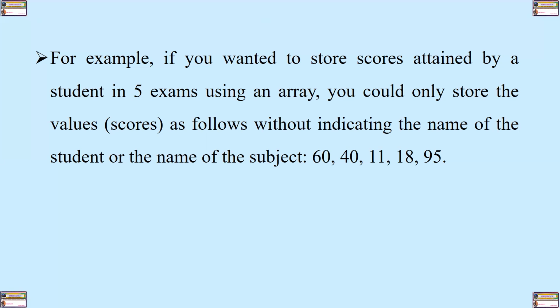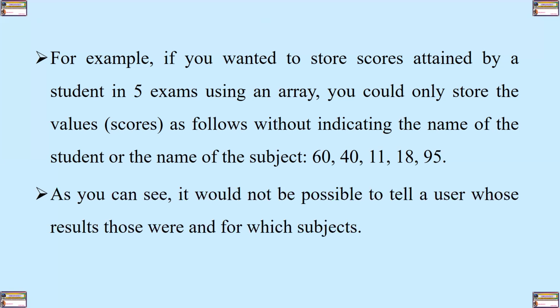And therefore, if you are keeping data in an array, that data must be of the same type. For example, 60, 40, 11, 18, and 95, all of them are whole numbers, or what we call integers.